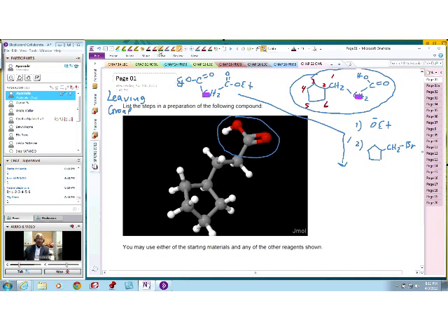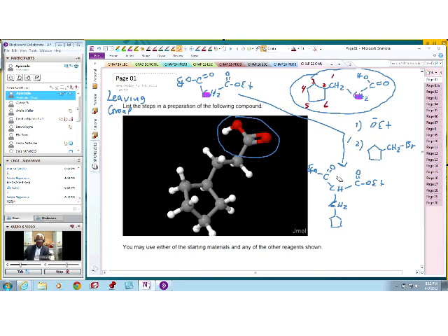Okay, so now we have this. Okay, we have that. Okay, we have that. So now what is the next step? What would be the next step right here once we do the alkylation?